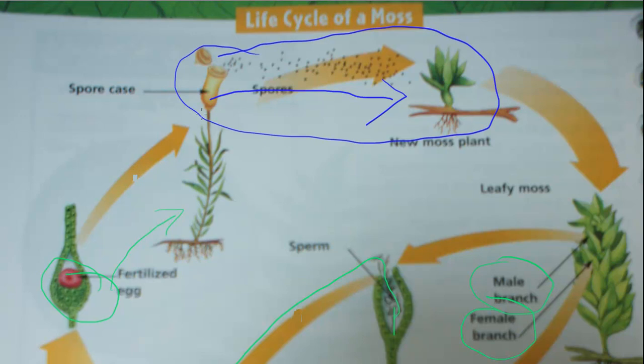So when these things pop up, the spores get released, and they may grow into new moss plants, and the cycle begins again. So one more time. This process of going from sexual reproduction to asexual reproduction to sexual reproduction again is called alternation of generations.